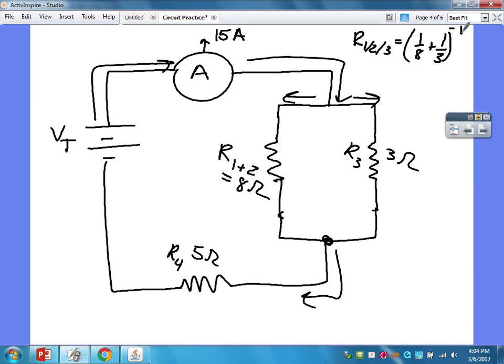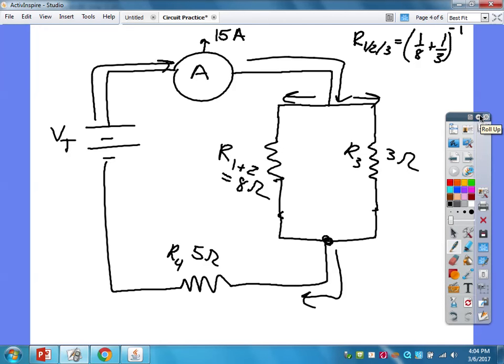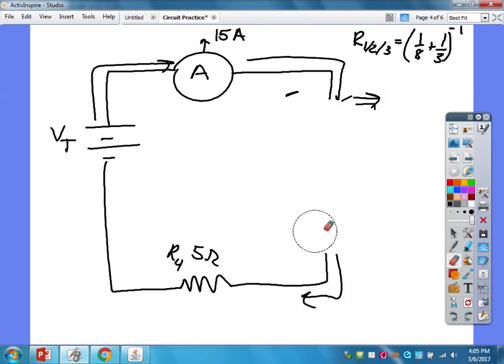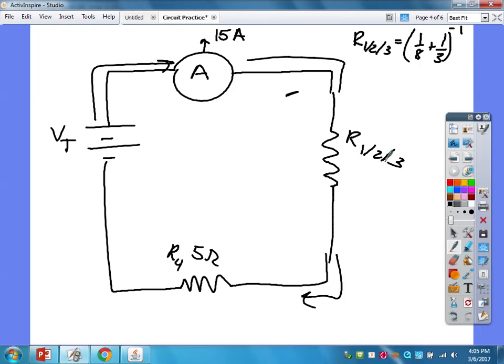All right, so basically, I'm going to erase all this stuff and make one much larger resistor that's technically in series with R4. This is going to be R1, 2, 3, and that'll equal 2.2 ohms. That's how much resistance is in that whole section of parallel circuit.